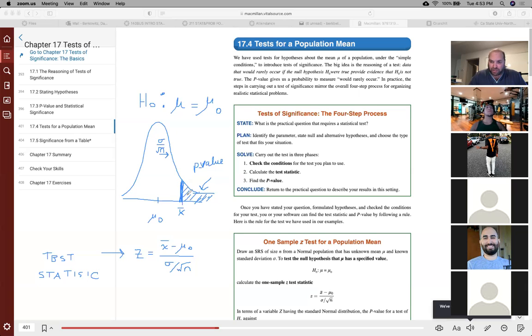But there's other things that are further from the center. Less than this? No. Over here, is this point right here more extreme than what we got? Is this further away from the center than what our actual X bar is? Or is this closer to the center?